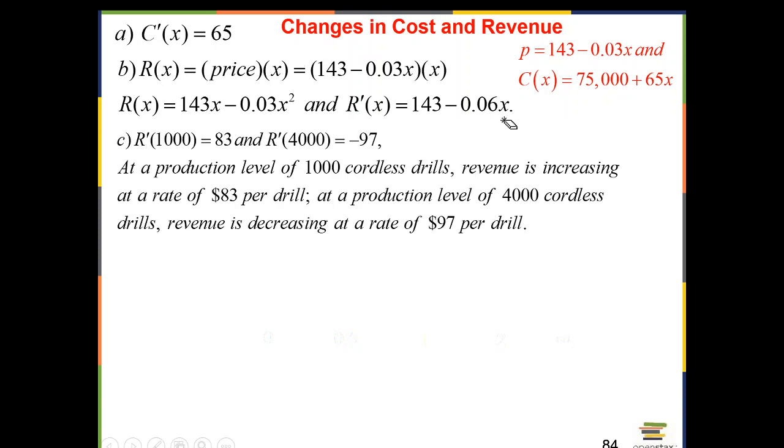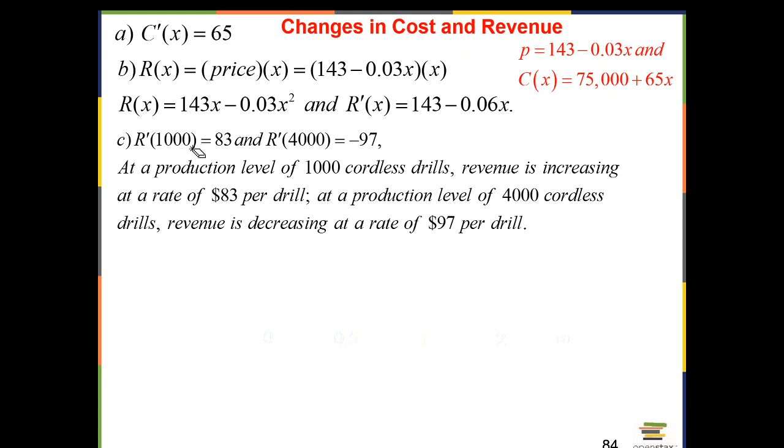And what's the rate of revenue at 1,000 products sold? Well, we just put 1,000 in here, right? And the answer would be 83. Just put 1,000 for x. What is R prime at 4,000? Negative 97. What does that mean?